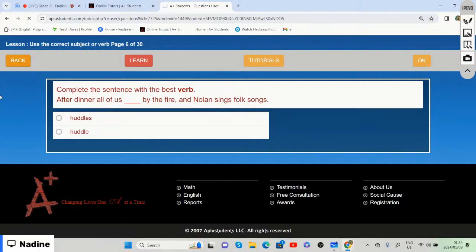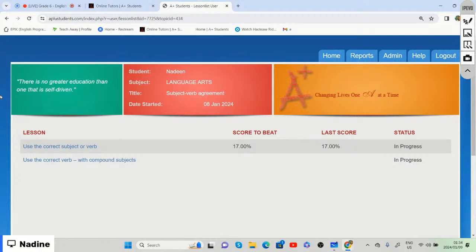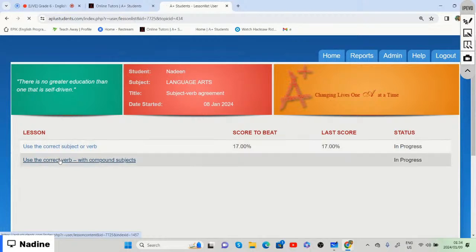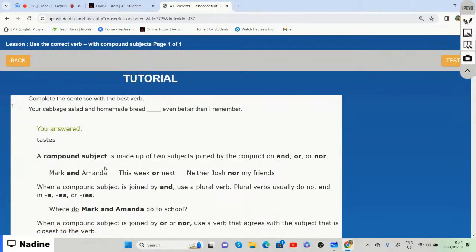And remember, if you have a singular subject, then you need to use a singular verb that ends with s, es, or ies. And when you use a plural subject, you use a plural verb that does not end with s, es, or ies.